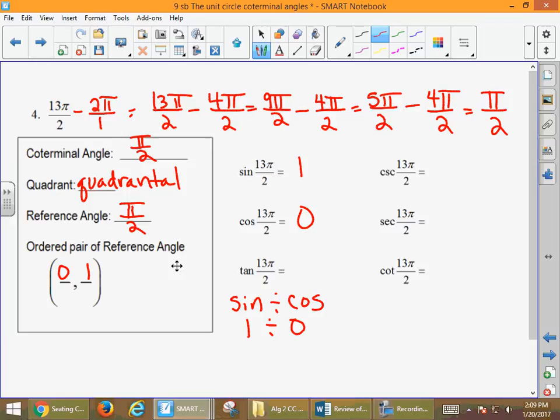What's 1 divided by 0? Undefined. So now, the reciprocal of the sine function is still going to be 1. But the reciprocal of the cosine function would be 1 over 0. And what does 1 over 0 equal? It still equals undefined.